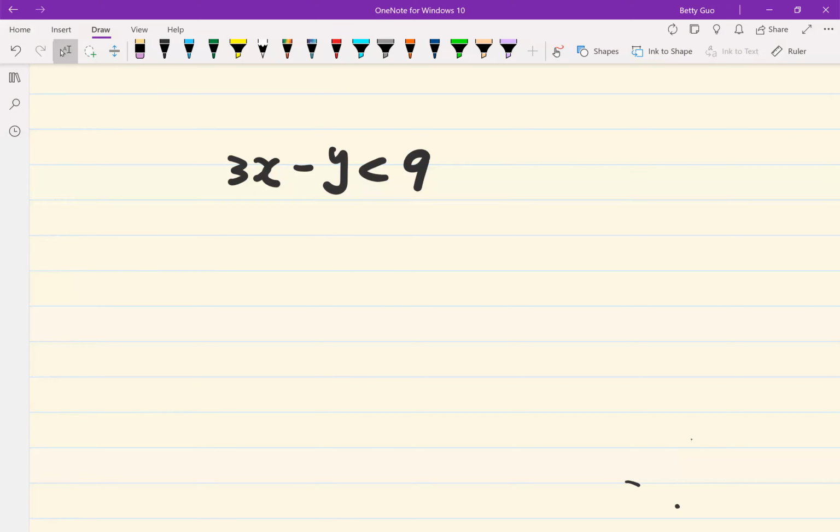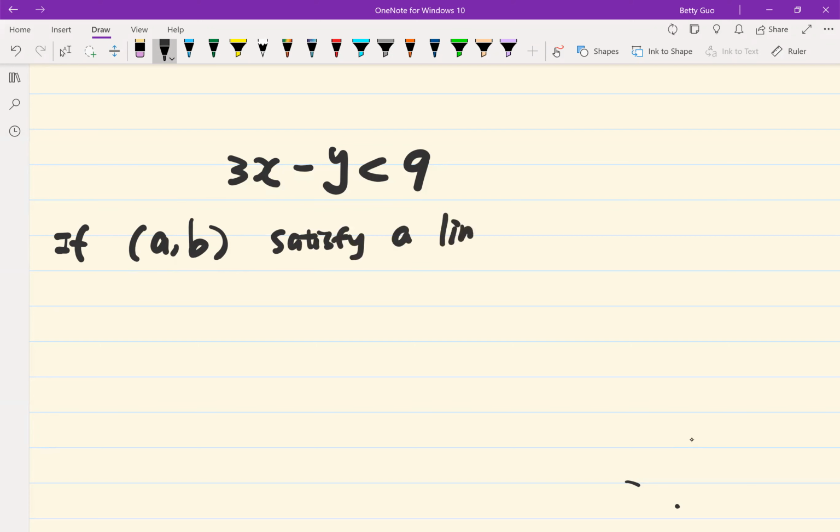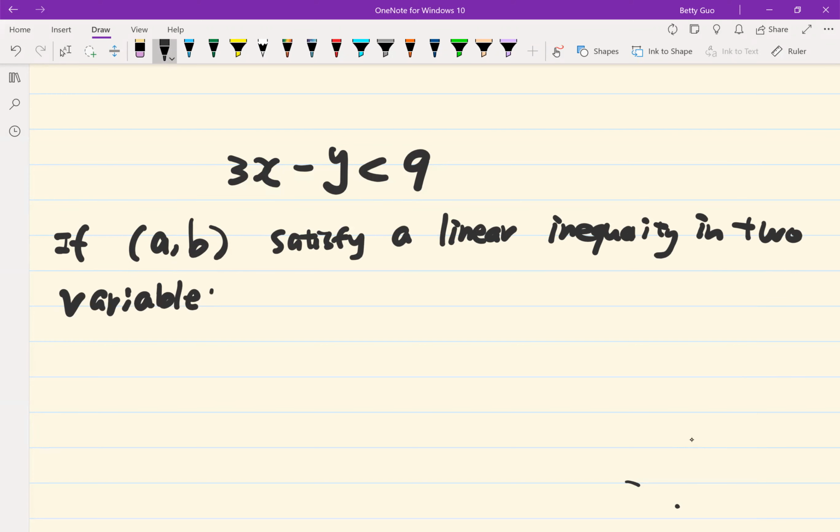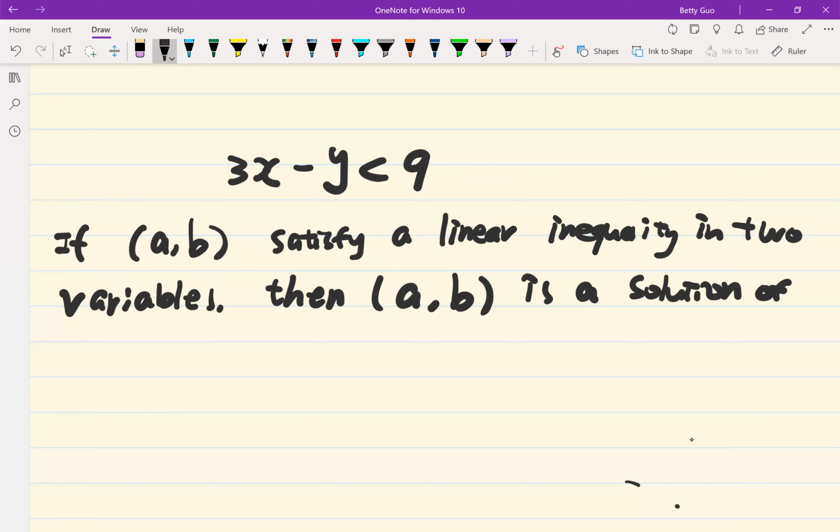If an ordered number pair (a, b) satisfies a linear inequality in two variables, then the ordered number pair (a, b) is a solution of the linear inequality in two variables.